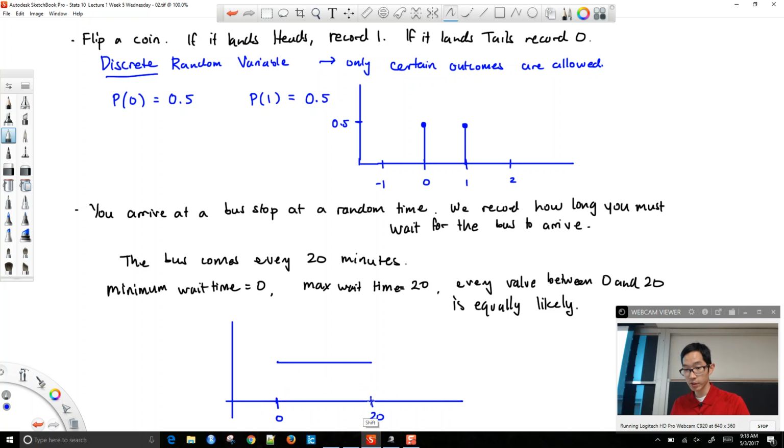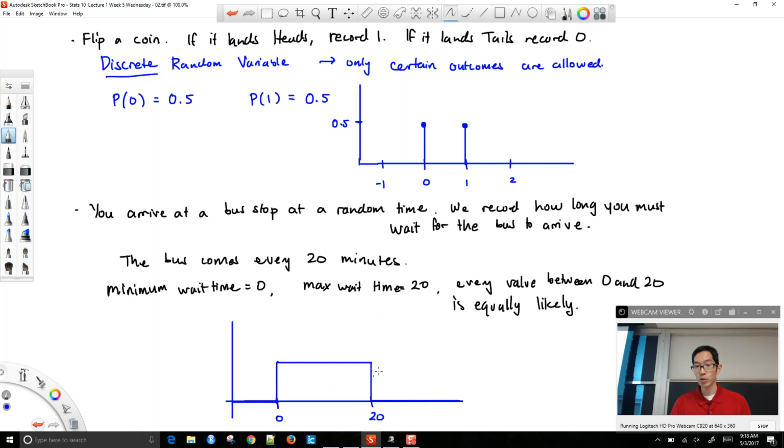And so all the numbers between 0 and 20, they get the same height on my probability distribution. And technically, values below 0, they are right here at 0. And then values above 20, they have also a probability of 0. Okay, so there's no possibility of waiting over 20 minutes.